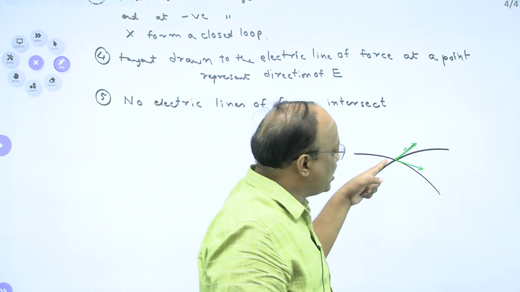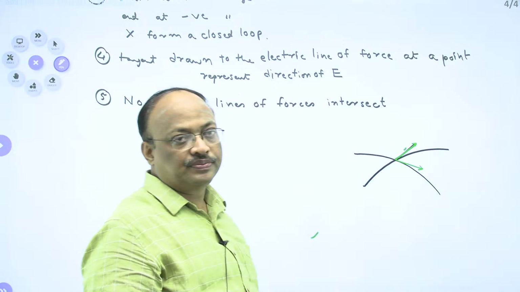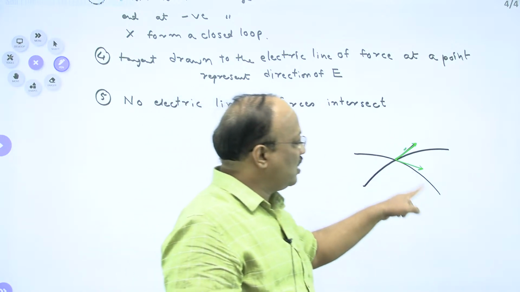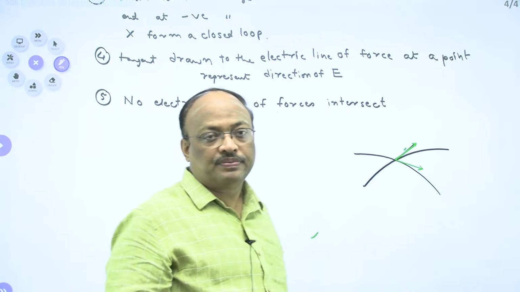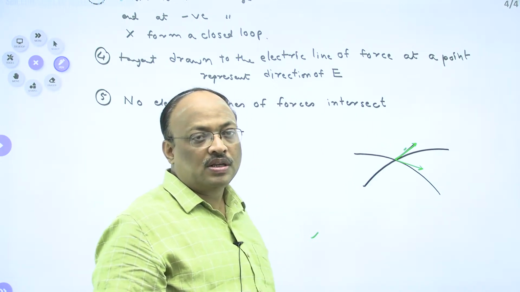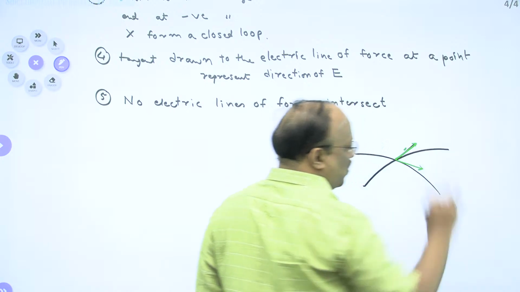At this point, the direction of the electric field is in this way. We are drawing an electric line of force in this way. See, tangent I am drawing here also, tangent I am drawing here also.